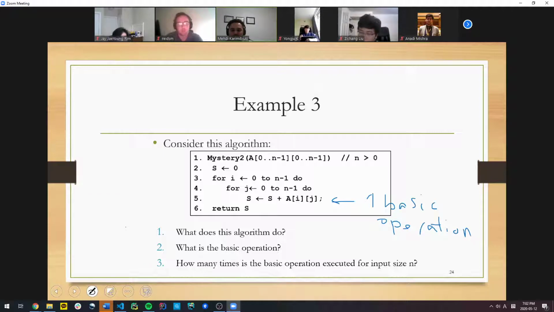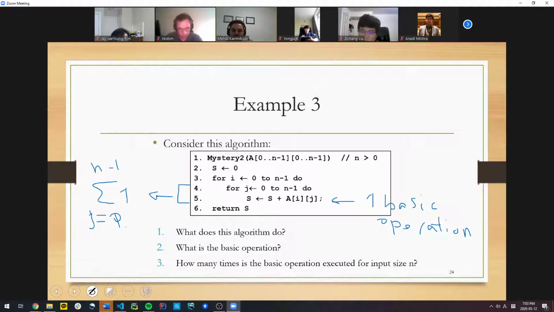And we use the sigma notation. Every for loop is 1 sigma. We have 2 for loops here, so we're going to have 2 sigmas. I'm using line number 4 and 5 to construct my first sigma: j equal to 0 going to n minus 1 of 1.